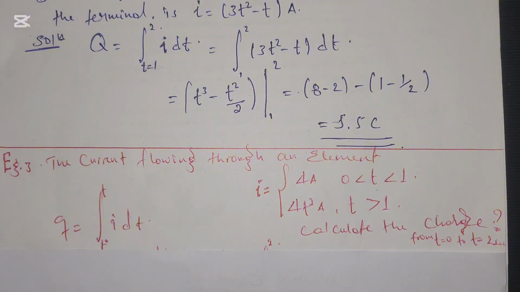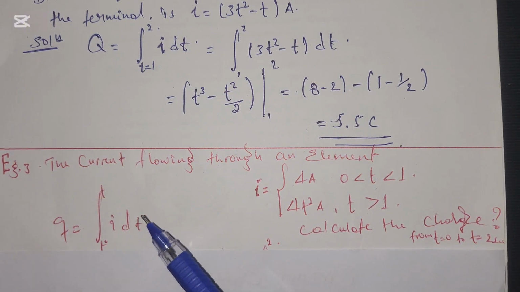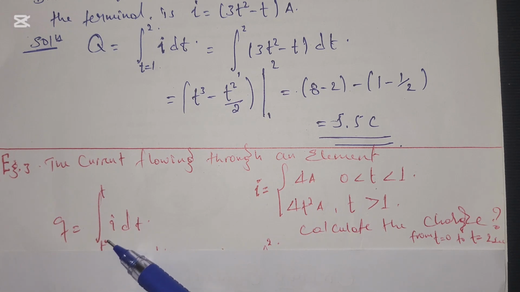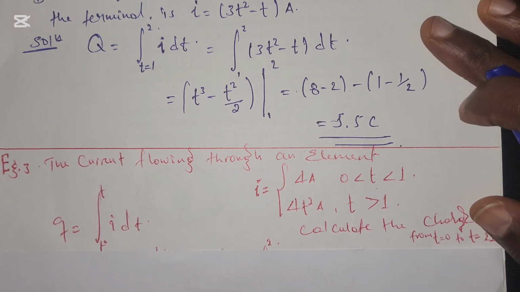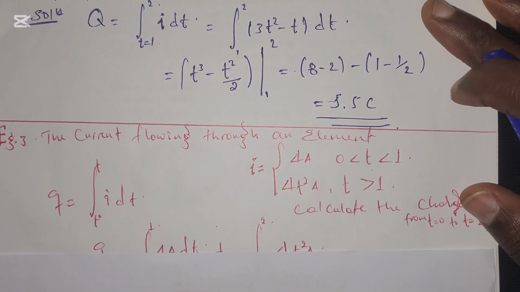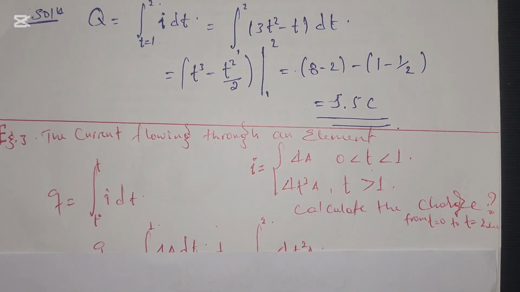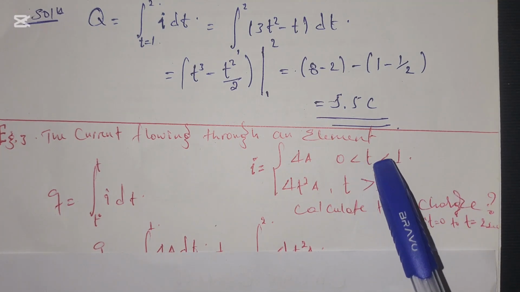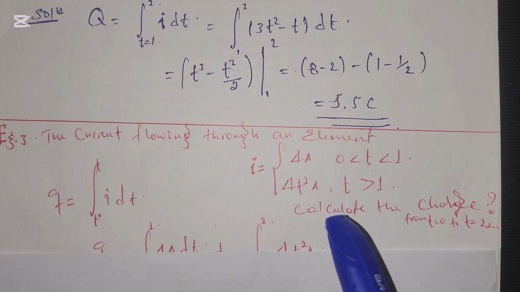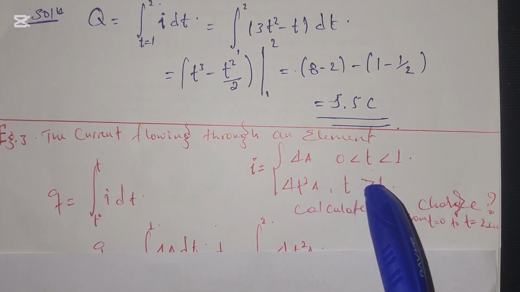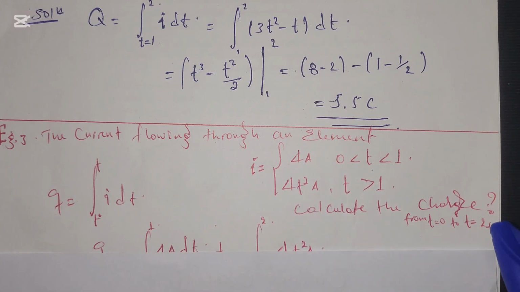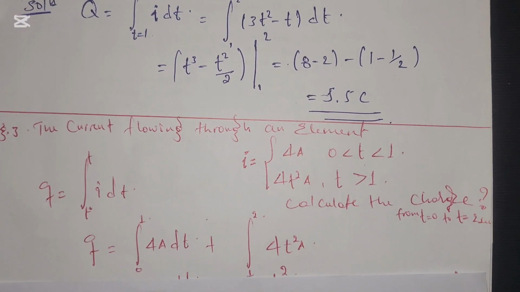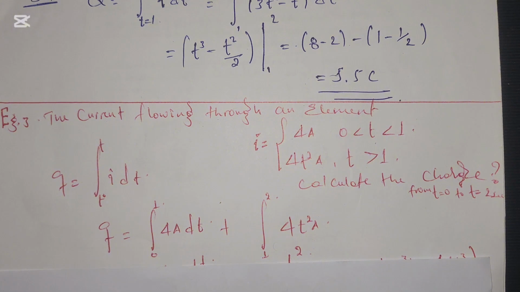As you know, q equals the integration of i dt from the initial t up to t. In this case, we are going to divide it into two parts: for t between 0 and 1, and for t greater than 1. Remember, we are asked to calculate the charge between 0 and 2 seconds.